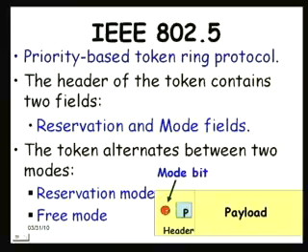So, one bit will indicate the mode, whether it is a free mode or a reservation mode, and if it is in the reservation mode, then the different nodes on the network, as the token rotates, would check the reservation field here, and if they find a lower value compared to their message priority, they would replace it with their own message priority and their own ID, right.